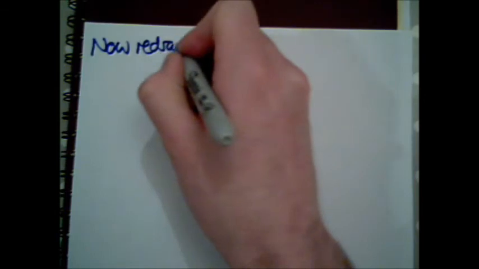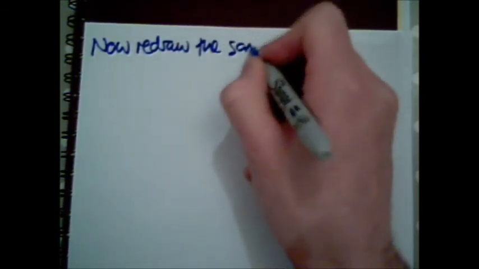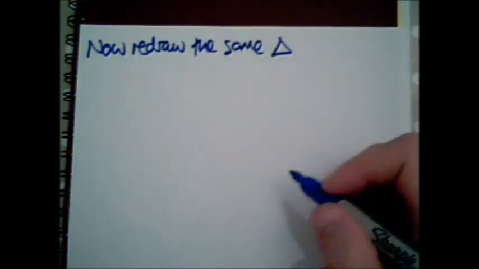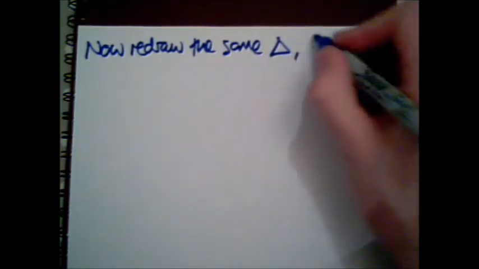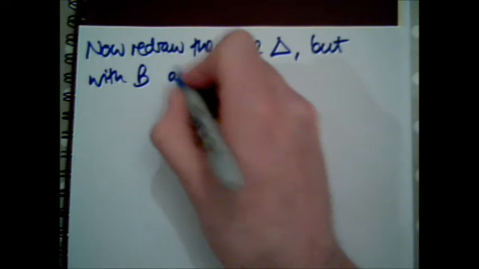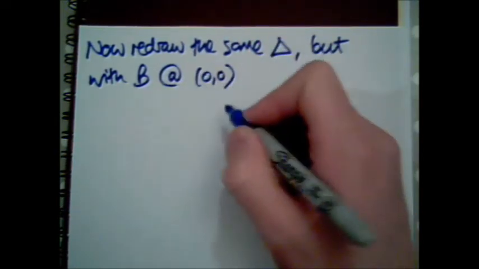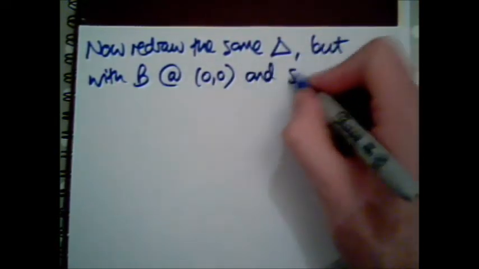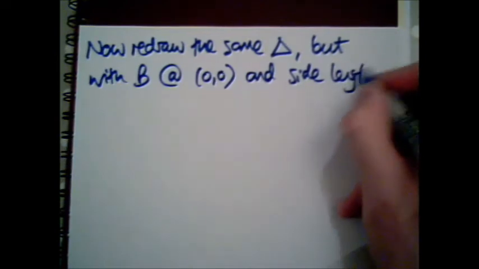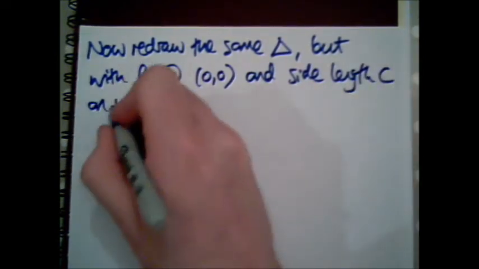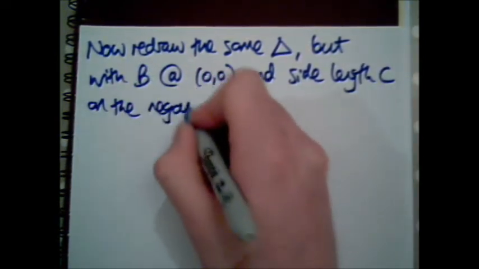So now redraw the same triangle, but with B at 0, 0 and side length c on the negative x-axis.